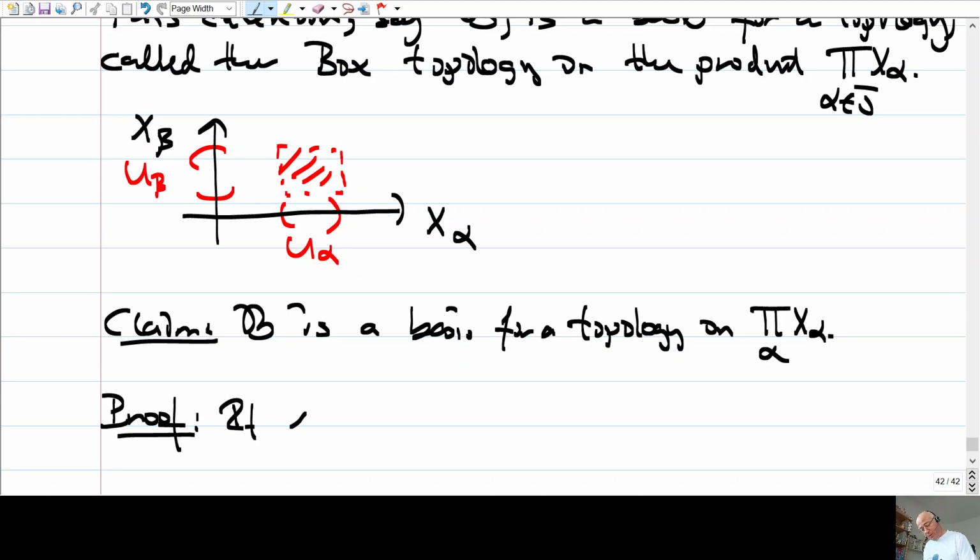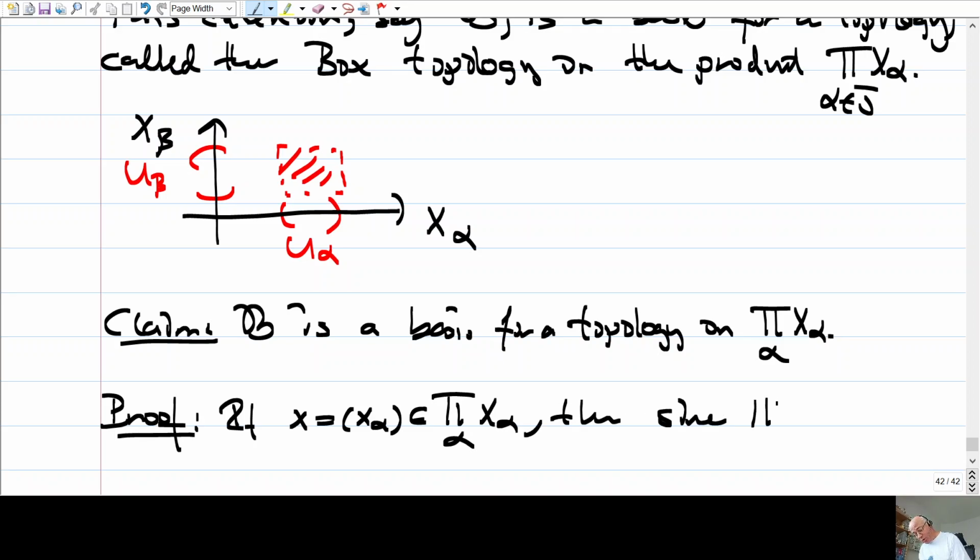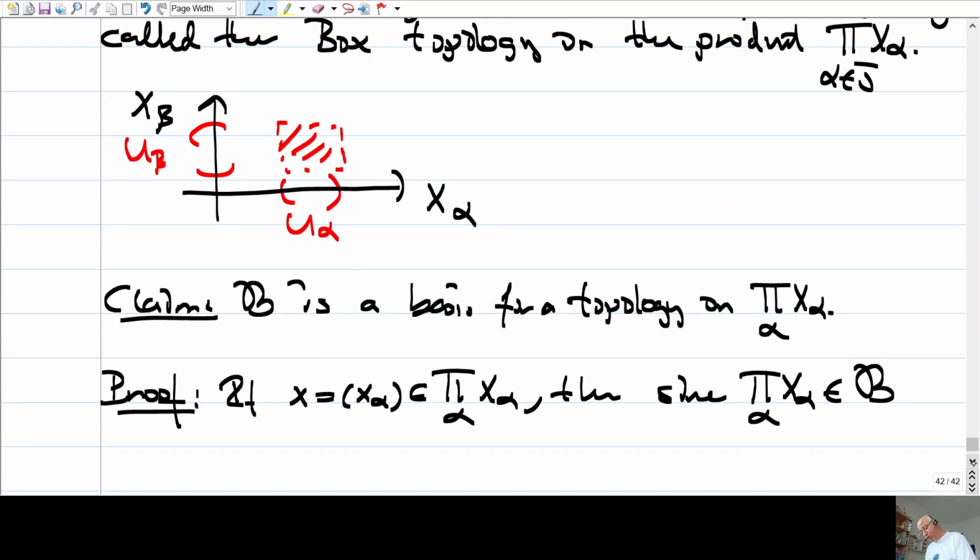So if x, let's say x alpha, is an element here, then since this product is already an element of B, because each X alpha is open in X alpha, this product belongs to this collection.